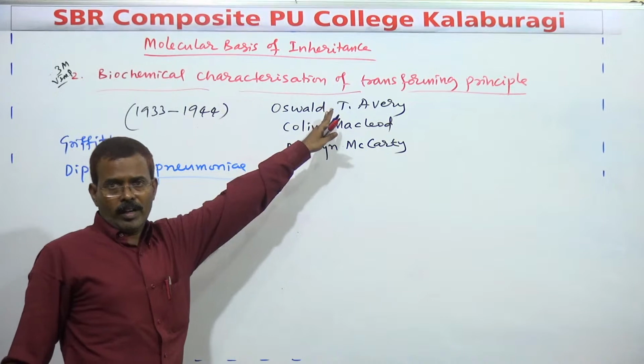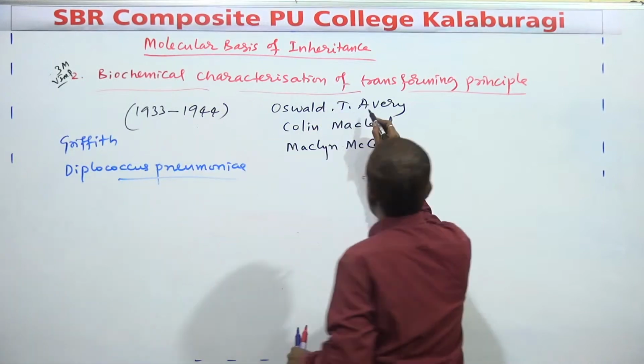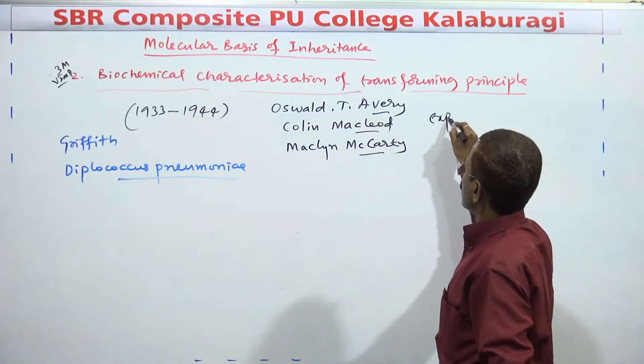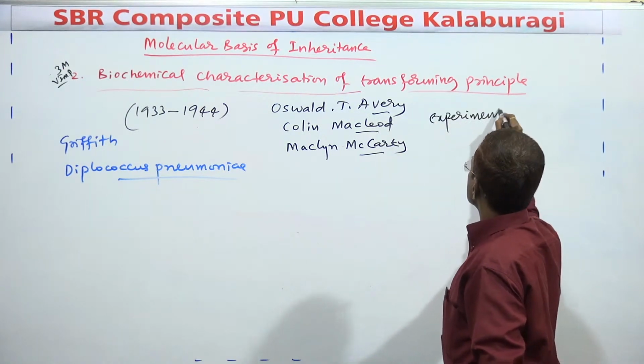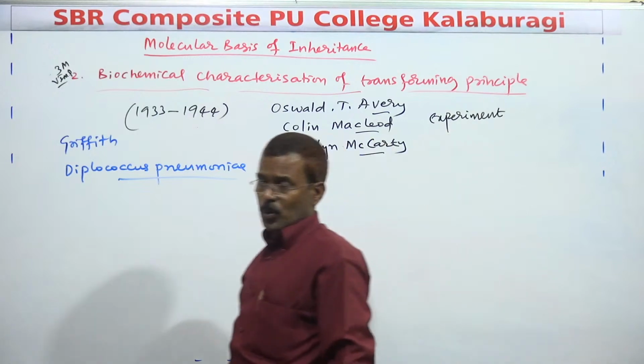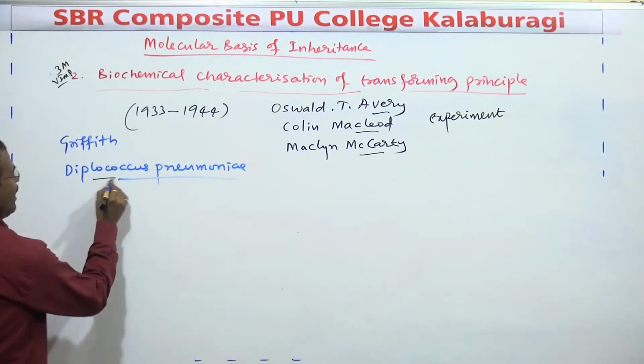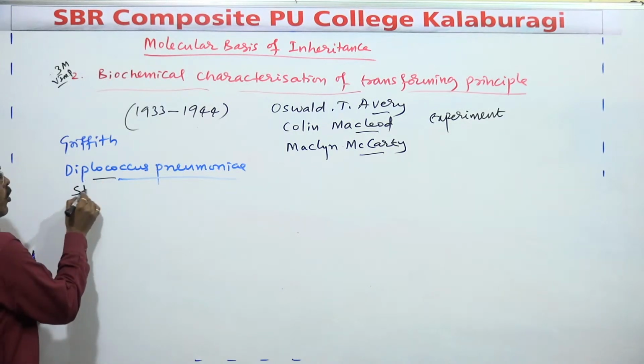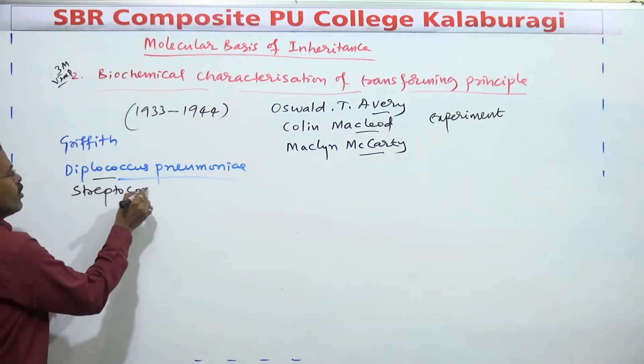This experiment is also known by these 3 names: the Avery, MacLeod, McCarty experiment. They continued to do research on the bacterium which causes pneumonia, Diplococcus pneumoniae, or what we call Streptococcus pneumoniae.